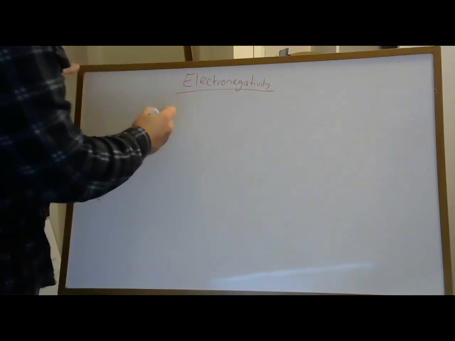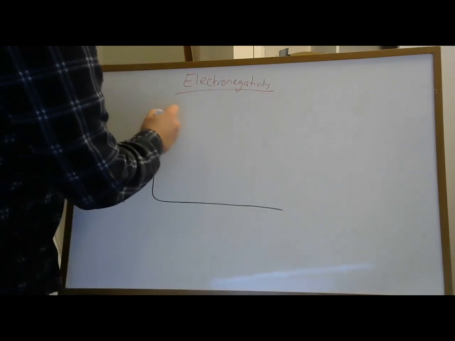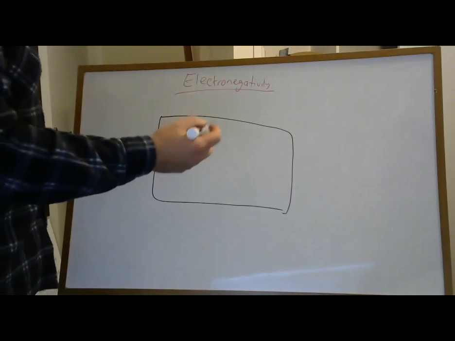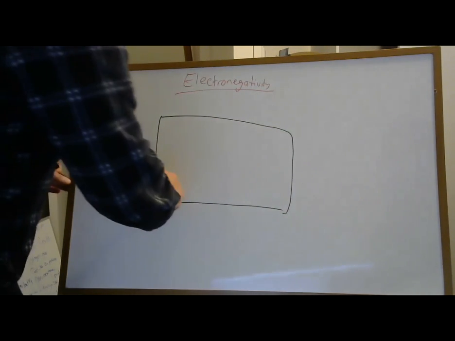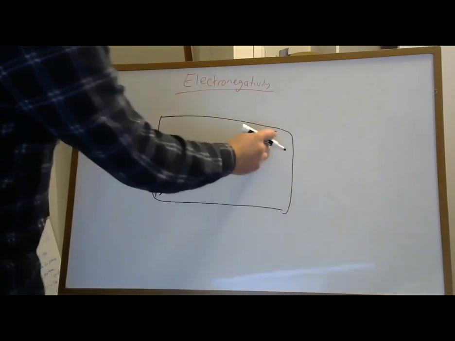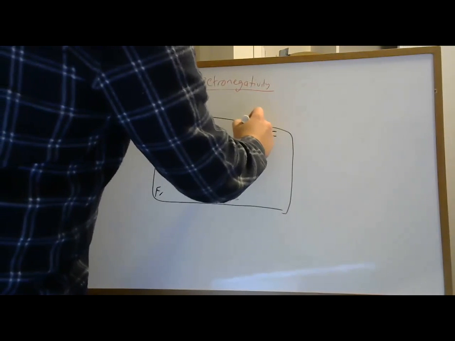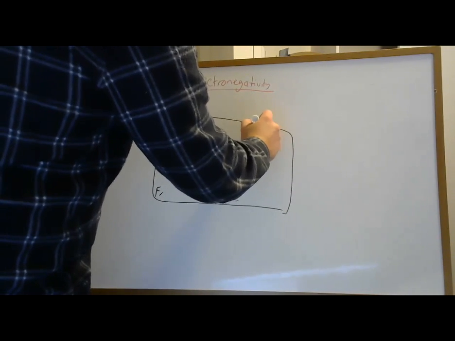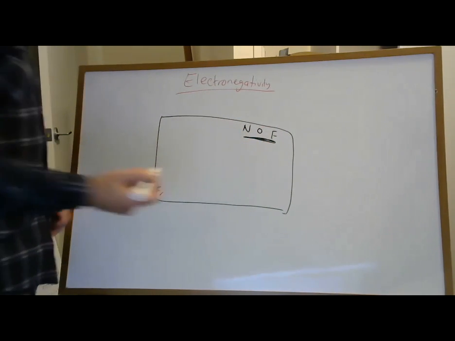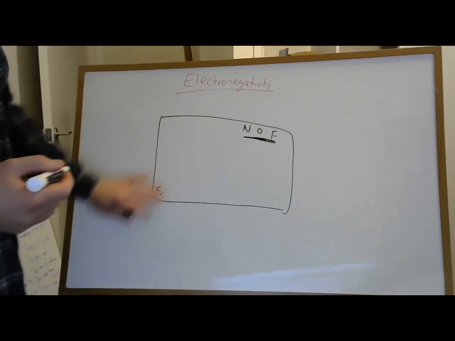So we have the periodic table. Obviously it doesn't look like that. But there's francium in the bottom left, fluorine in group 7. Nitrogen, oxygen, fluorine are the most electronegative atoms. Over here is the least.